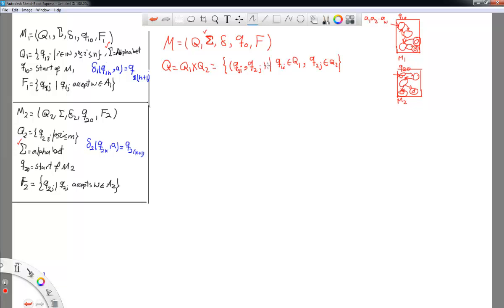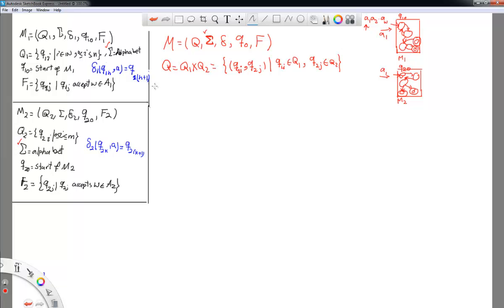So when I see one symbol from my string, I can simulate both these machines together. In other words, if my machine encounters A sub 1, it makes a copy of A sub 1 and passes it to M sub 1, and it makes a copy of A sub 1 and passes it to M sub 2 to process together. So that's what happens here.